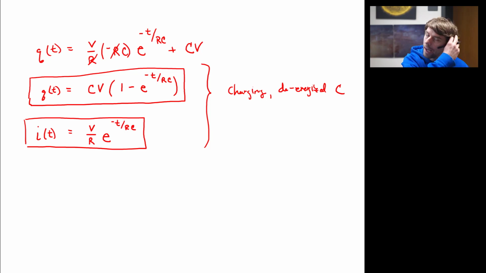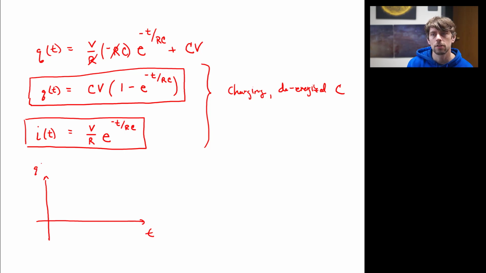And yes, of course we could plot these functions, and we'll see that if I plot Q as a function of t, oh, excuse me, this is time.